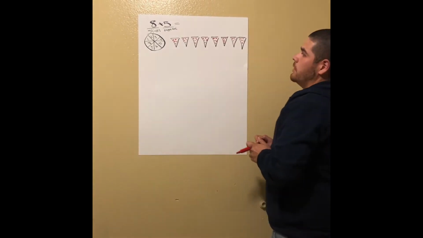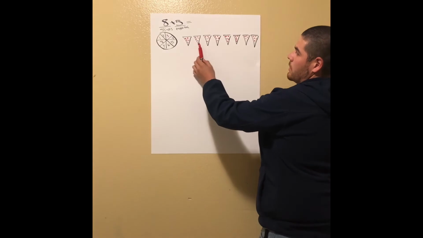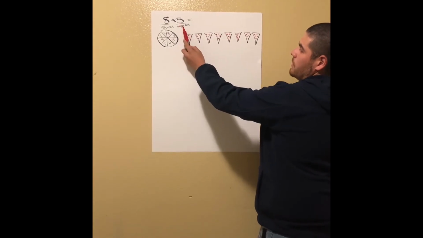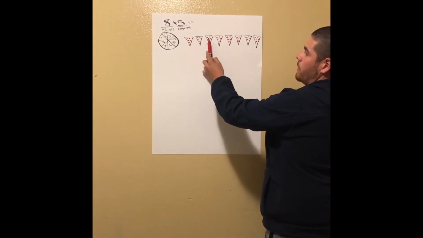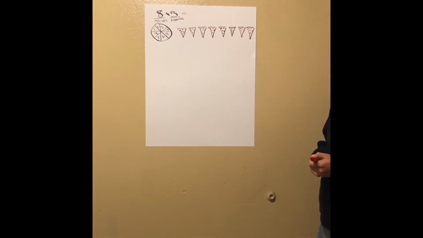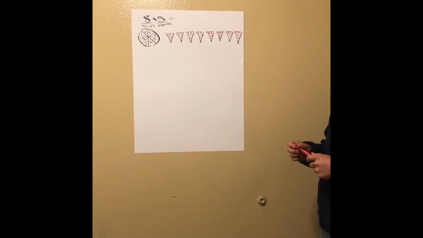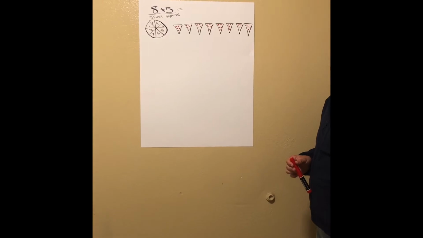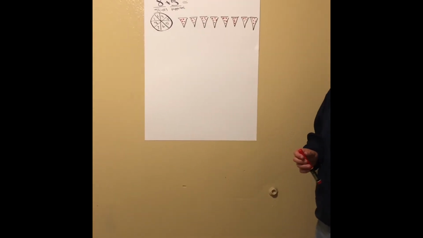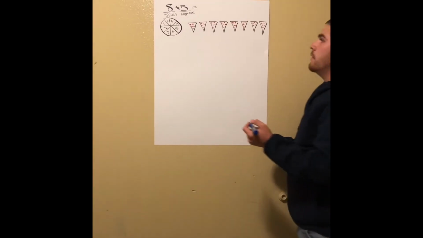So would you guys agree that the 8 represents the slices and the 5 is the slices of pepperoni in each pizza? Okay, so now all we have to do is count the amount of pepperonis that are in there.